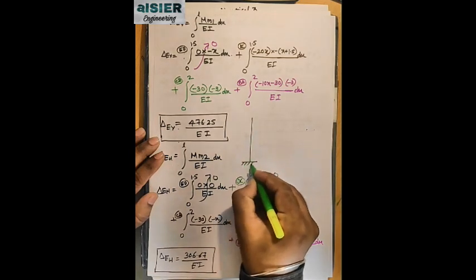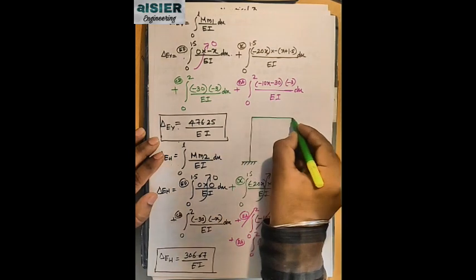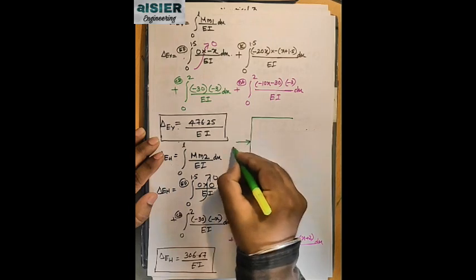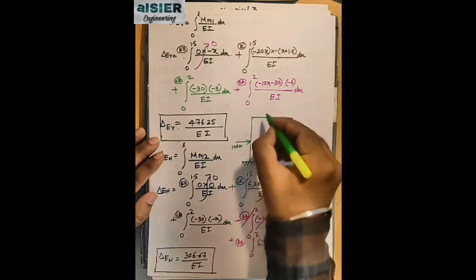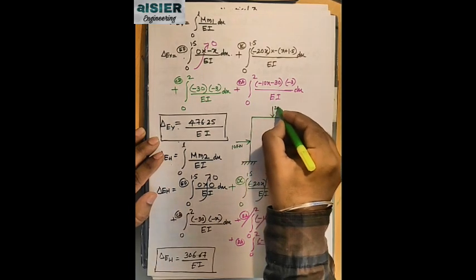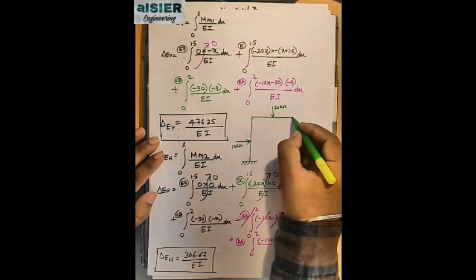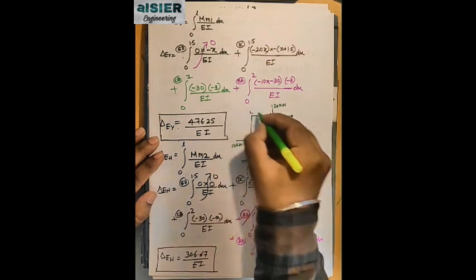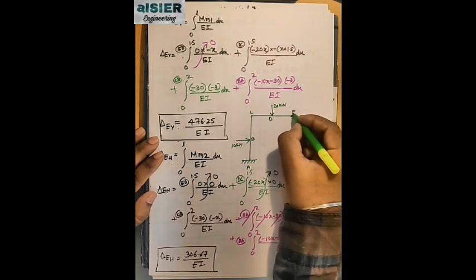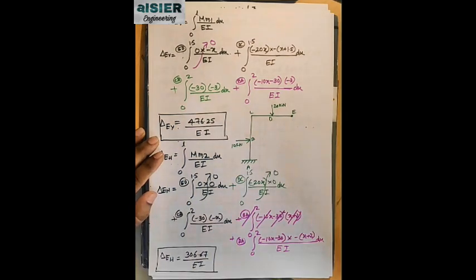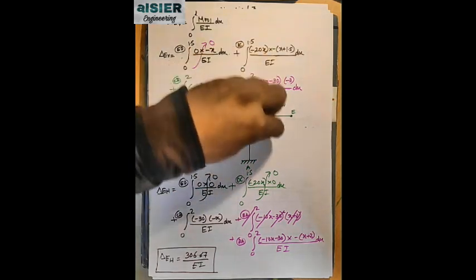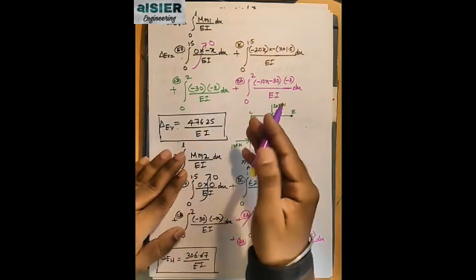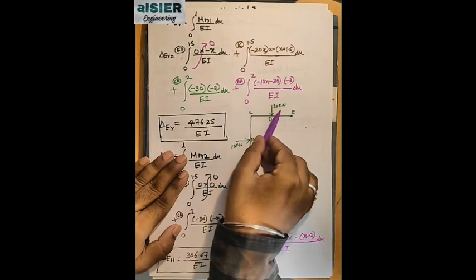Okay, so now see what was given. It was given that this is the frame here. The loading was given as, say, 10 kilonewton, right? Here it was 20 kilonewton. Okay, these were points A, B, C, D and E. Now due to this 20 kilonewton load and this 10 kilonewton load, this frame will deflect like this.